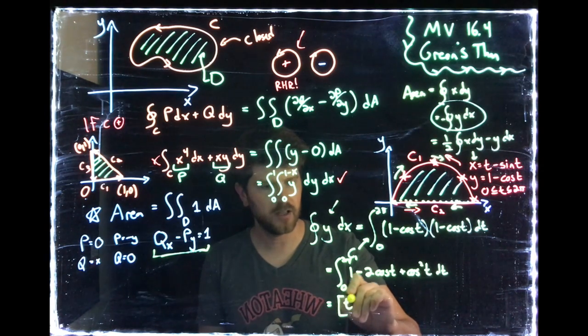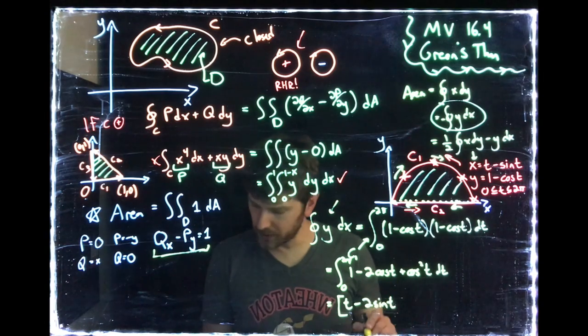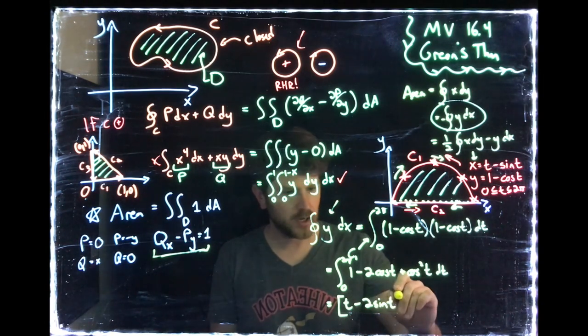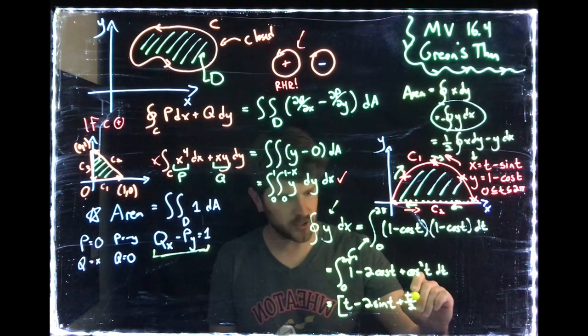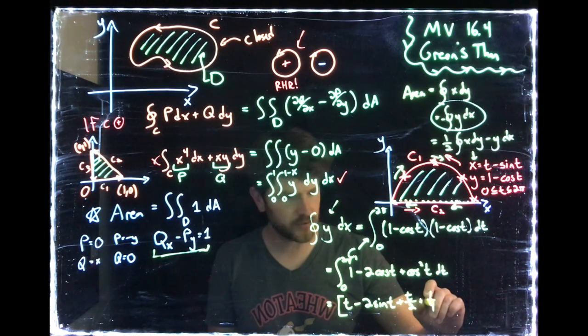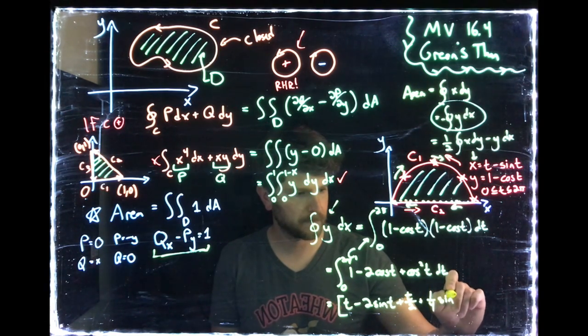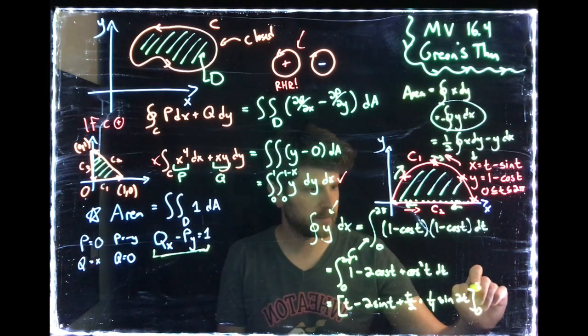This will give me t minus 2 sine t. And by looking it up in my table of integrals, cosine squared t gives me t over 2 plus 1/4 sine of 2t. This is from 0 to 2 pi.